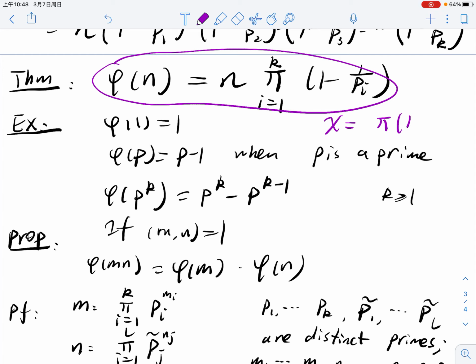So instead of primes, here there may be some other functions.